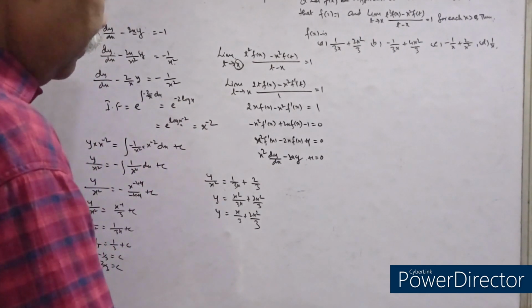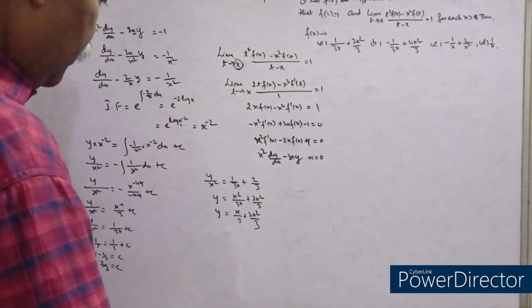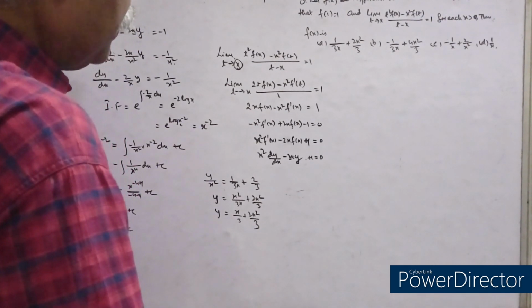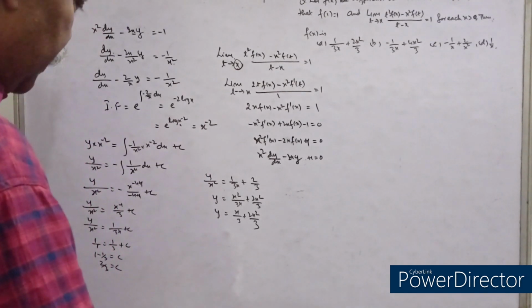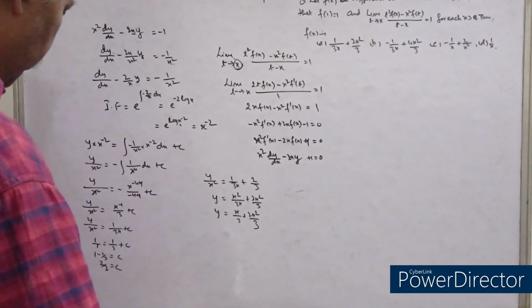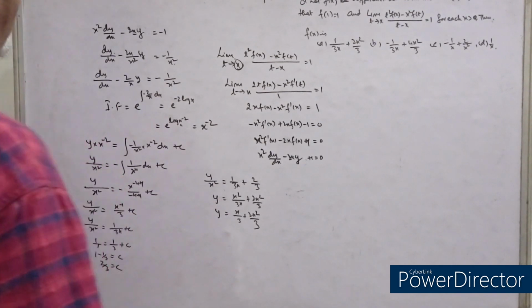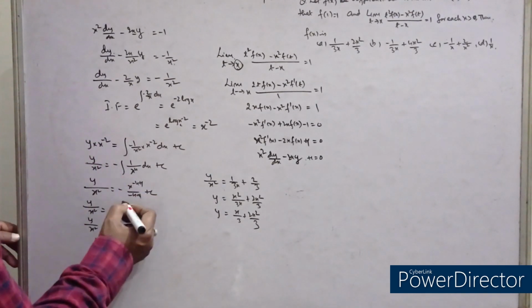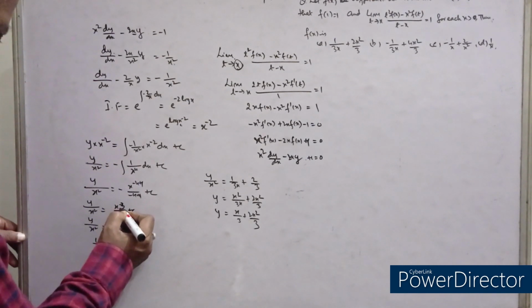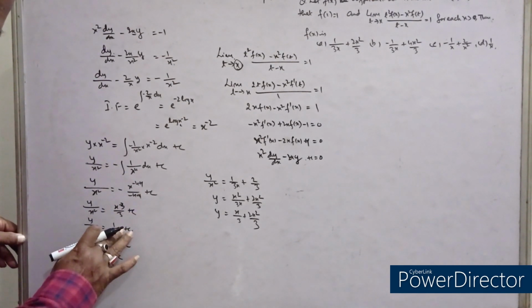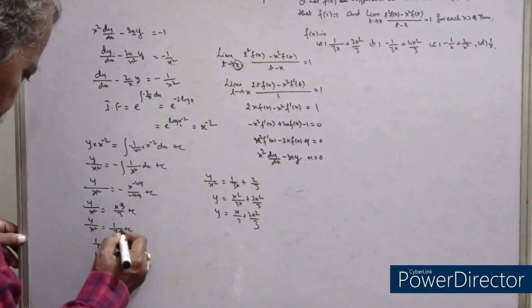2x square by 3, and 1 by 3x. How is this 1 by 3x? Because this is minus 3, sorry. This is minus 3, so minus 3, this will be x to the power of 3.